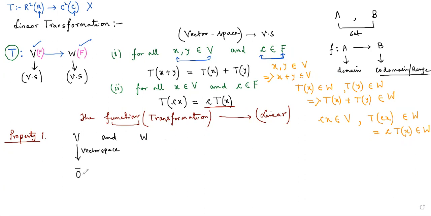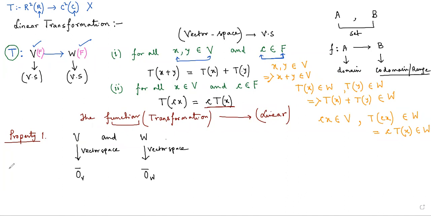We denote the zero vector by, say, 0 bar V. And W is a vector space which also contains a zero vector. The two zero vectors will not be the same because they are two different vector spaces, so let us denote this zero vector by 0 bar W.